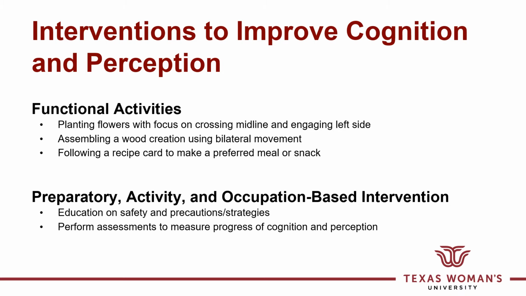Assembling a wood creation, which is one of his prior hobbies, will really help him use some bilateral movement of the left and right upper extremities, or even following a recipe card to make a meal or snack for himself and his wife. Some preparatory activity and occupation-based intervention are education on safety and precautions and strategies, and performing assessments to measure his progress of cognition and perception.